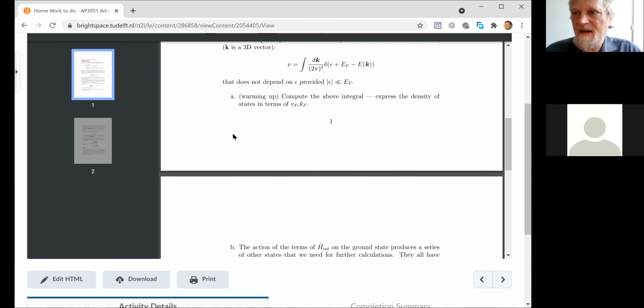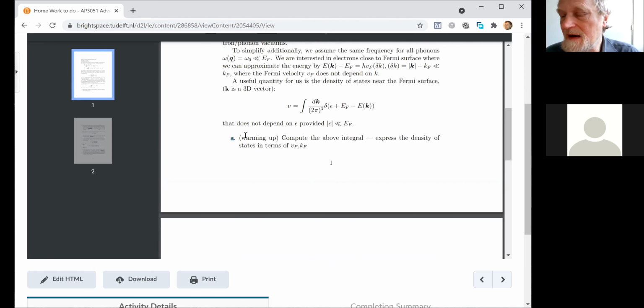Good. Now, finally, we got to the business. Now we have concrete things to do. First, point A is just warming up. We don't do any advanced quantum mechanics. We do something which you have learned in solid state physics, I hope. We just compute the above integral.